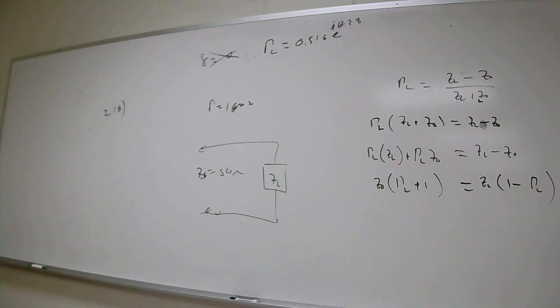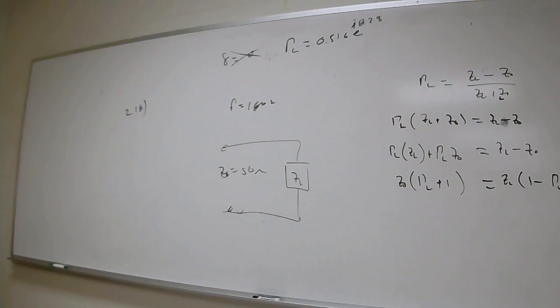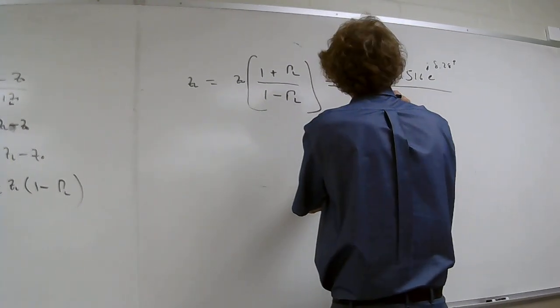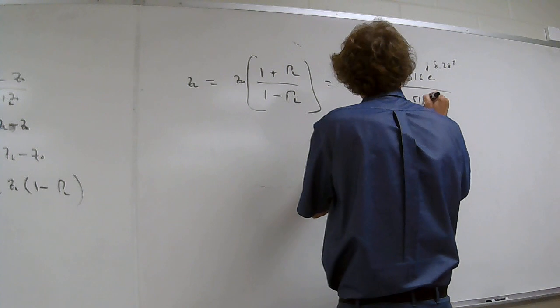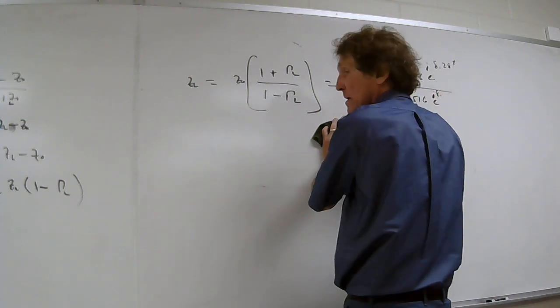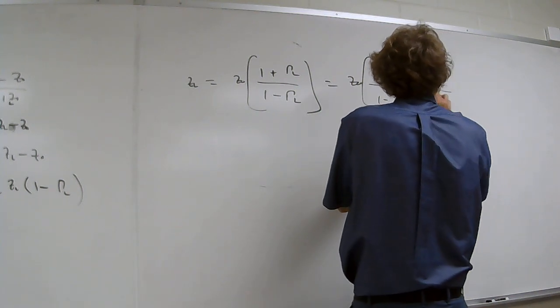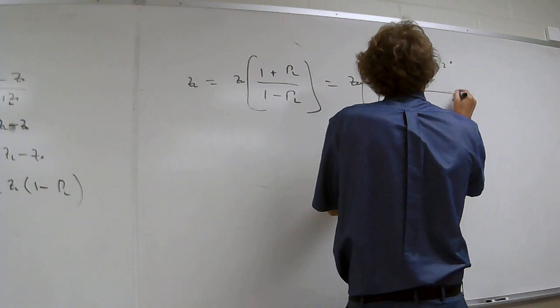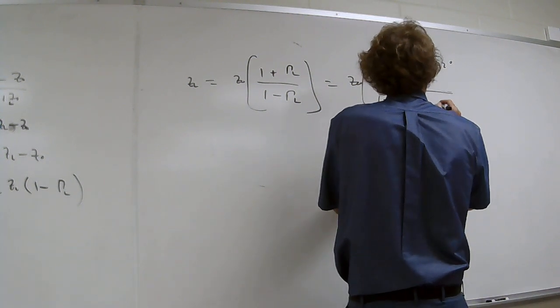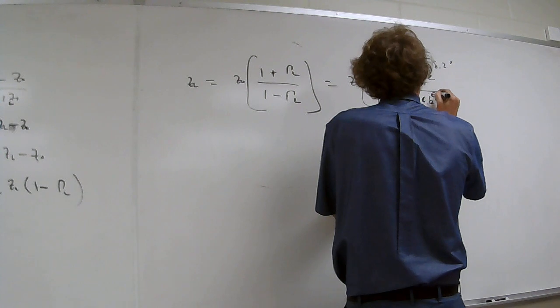So this is going to be Z naught times 1 plus gamma L, which is 0.516 e to the j 8.2 degrees, over 1 minus 0.516 e to the j 8.2 degrees.